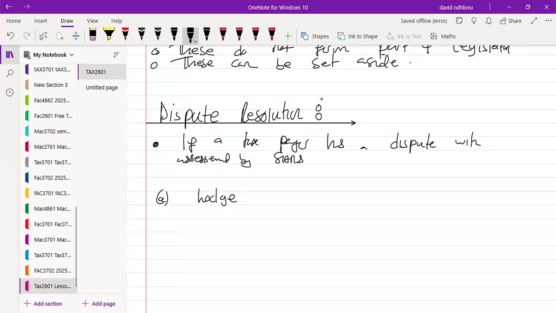Which one starts first? It's the objection first, then the appeal after. So the taxpayer lodges an objection.